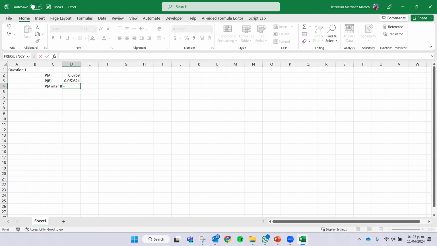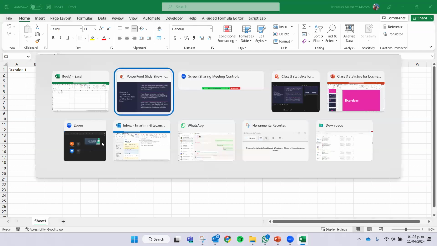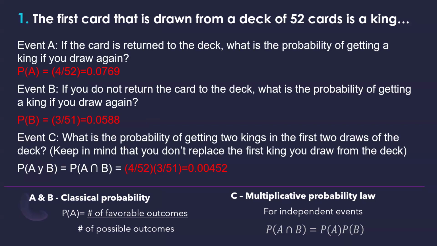And this would be the probability of A times the probability of B, and that 0.45 is going to be the probability of getting 2 kings in the first 2 draws. Okay, so there is my answer. Here we are applying the multiplicative law because there are 2 different possibilities.